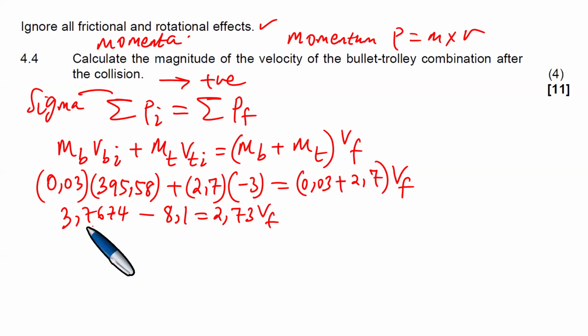What is 3.7674 minus 8.1? Okay, we're trying to see what we're getting here.